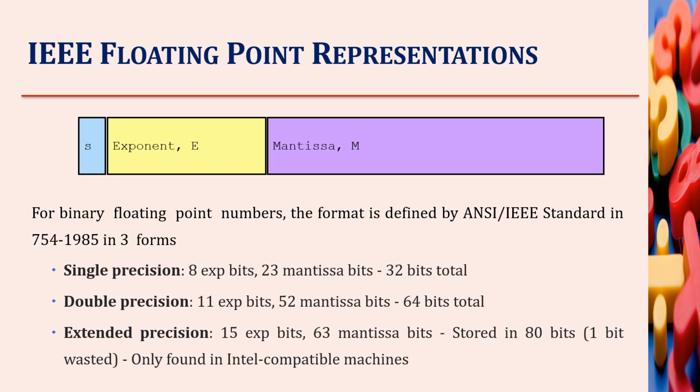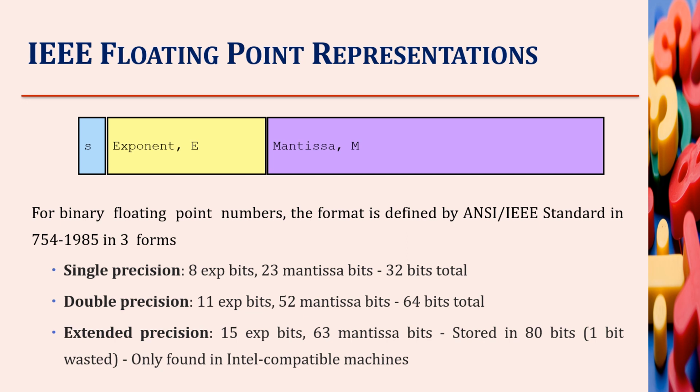Out of these 32 bits, 8 bits are used for representing the exponent part, and the remaining 23 bits are used for representing the fractional part. Okay, and if you are taking 64 bits for representing a floating point number, then it is the double precision format. Out of these 64, 11 bits are used for representing the exponent part, and 52 bits are used for representing the fractional part. Okay.